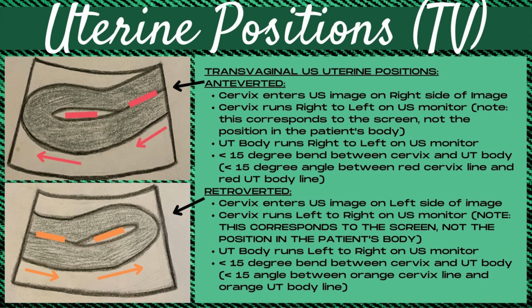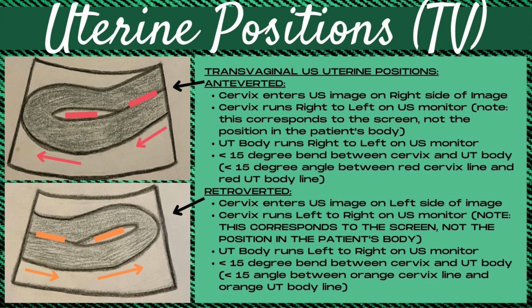The bottom image is of a retroverted uterus, and this is where the cervix enters the ultrasound image on the left side of the image. The cervix is going to run from left to right on the ultrasound monitor, and note that this corresponds to the screen itself, not the position in the patient's body. The body of the uterus is going to run from left to right on the ultrasound monitor, and you'll note from the orange arrows below the uterus that both the cervix and the body of the uterus are running in the same direction.